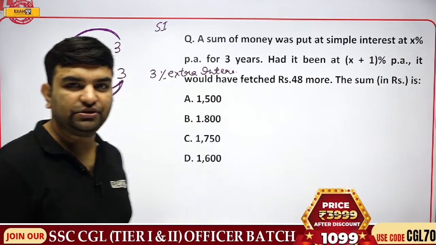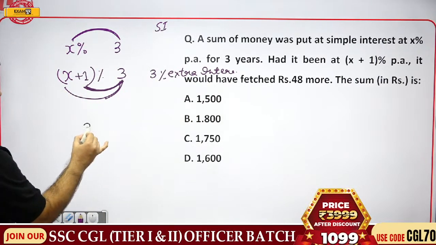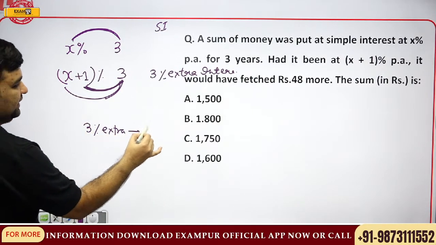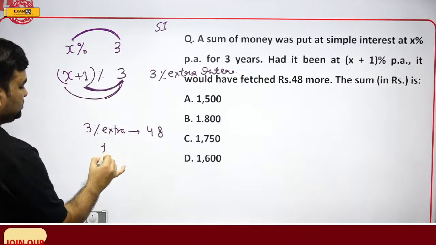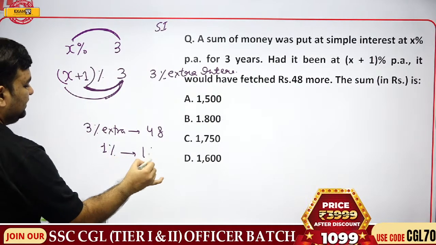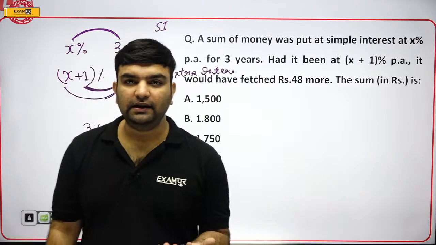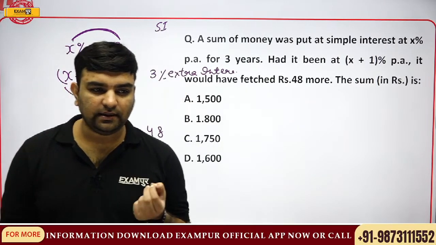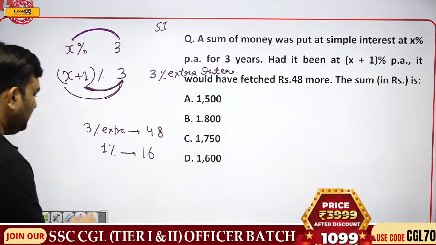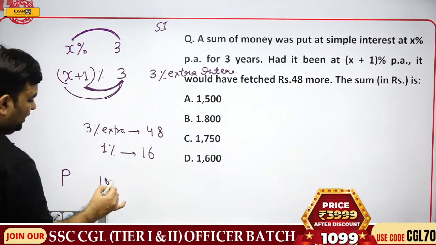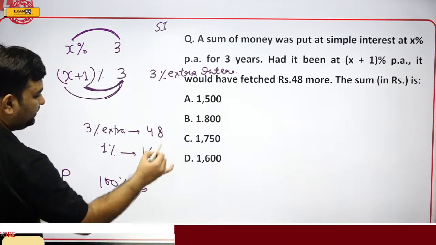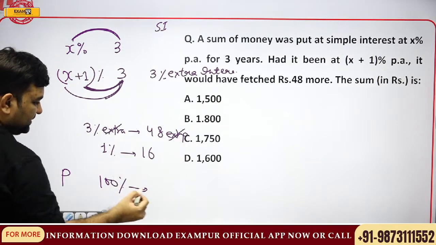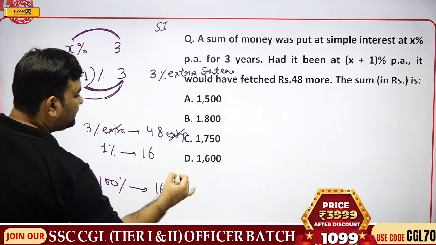So 3% extra, and this 3% extra is 48. So 1% is 16. Interest is basically calculated over principal. So principal 100% is equal to 1600.